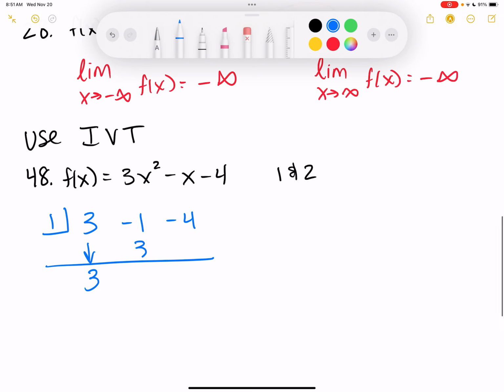Times 1 is 3, minus 1 is 2, times 1 is 2, minus 4 is negative 2. So the way we would write this is f of 1 is negative. All right, so if I evaluate it at 1, that one's going to end up being negative.